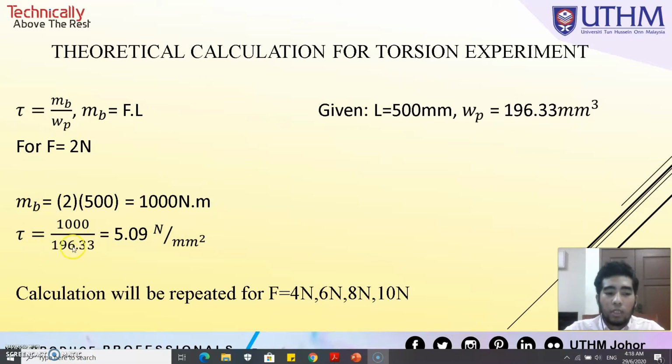Then we substitute the value that we get and the given values into this formula, and we get 5.09 Newton per mm square. This calculation will also be repeated for force equal to 4, 6, 8, and 10 Newton. This is all from me. Thank you.